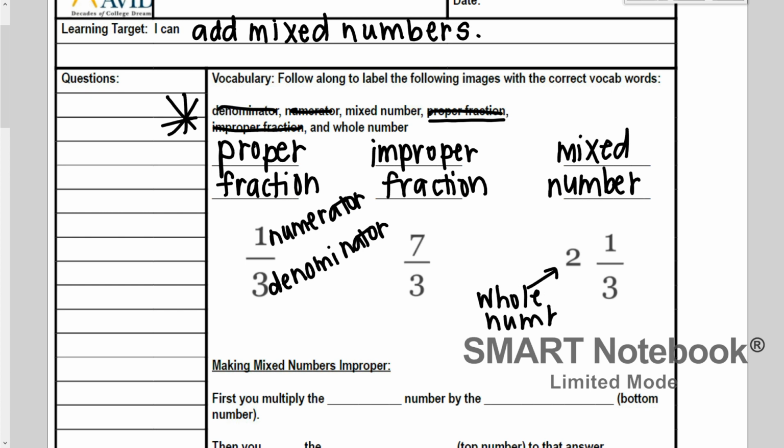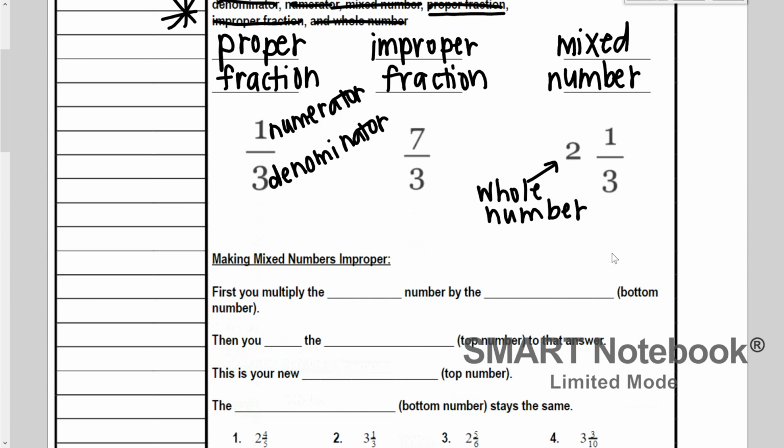So again, this fraction is also larger than 1. Okay, 2 and 1/3 means that we have 2 wholes and then 1/3 of another one. So if we're thinking pizza, we've got 2 whole pizzas, and then we've got 1/3 of another pizza left. Okay, and we can interchange improper fractions and mixed numbers, and we're going to work on reviewing that skill today.